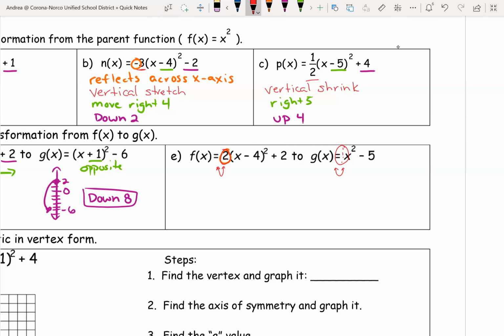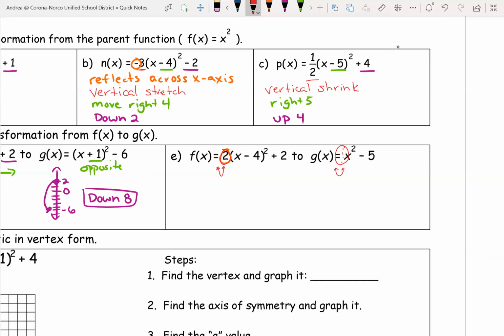So describe from skinny to normal, what happened? If you're going to describe this to somebody, I went from skinny to normal, got wider, right? Okay, so that's going to be a shrink, right?